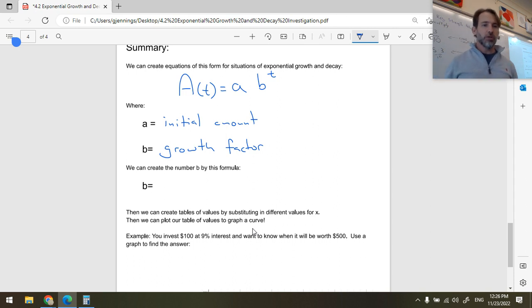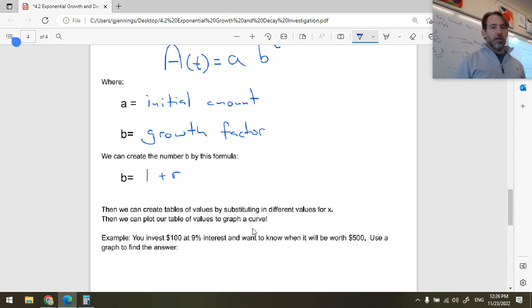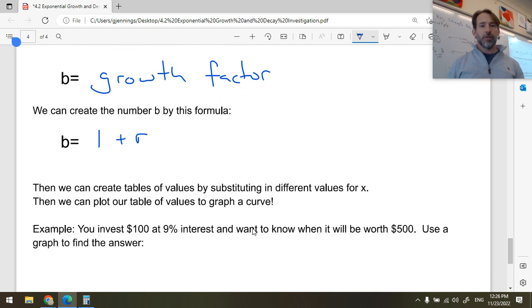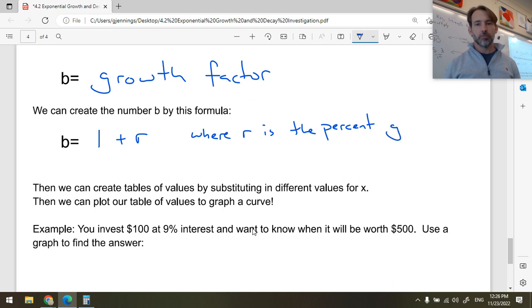So B, what you can do is say B is equal to 100% or 1 plus R. And now what's this number R? Where R is the percent growth as a decimal.